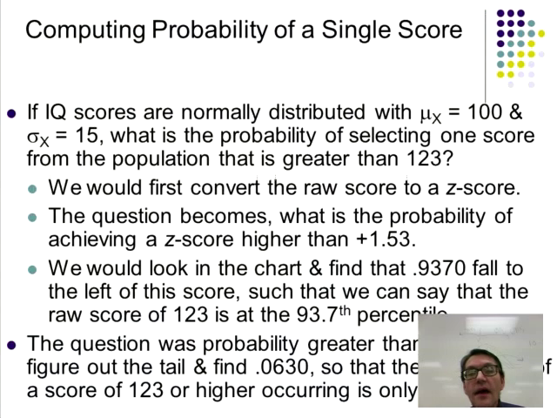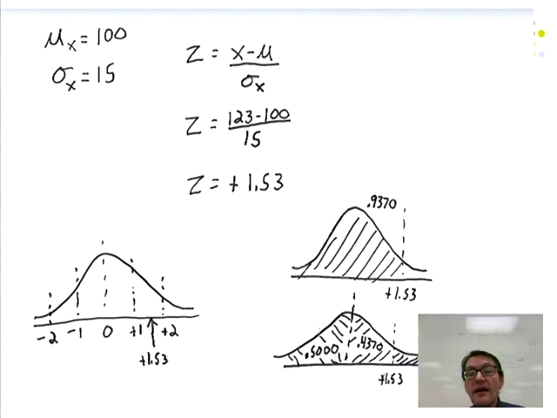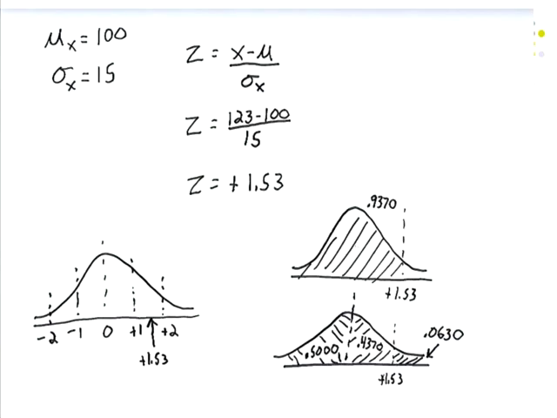Going back to remembering what the question is: what is the probability of selecting a score that is greater than 123? Looking at this image, which piece of information is it looking for? It's looking for greater than.